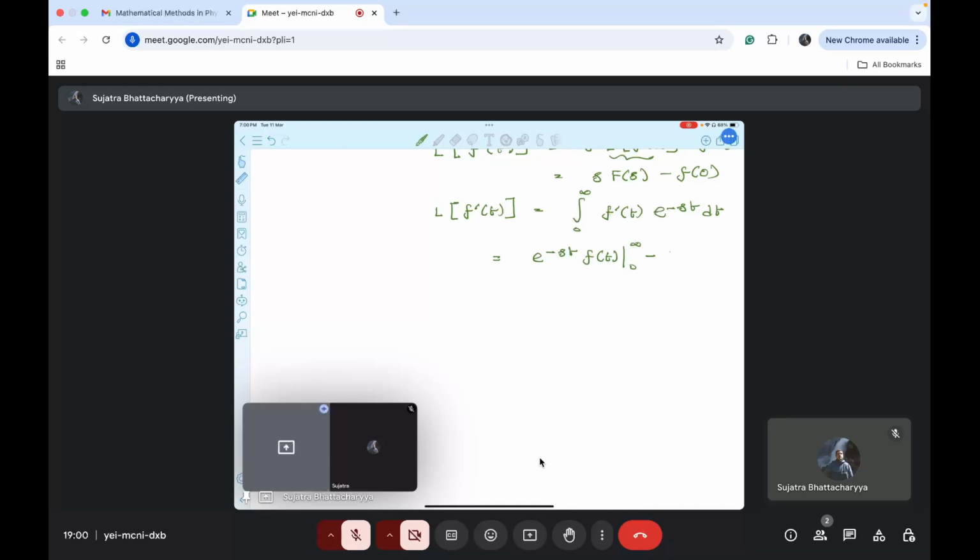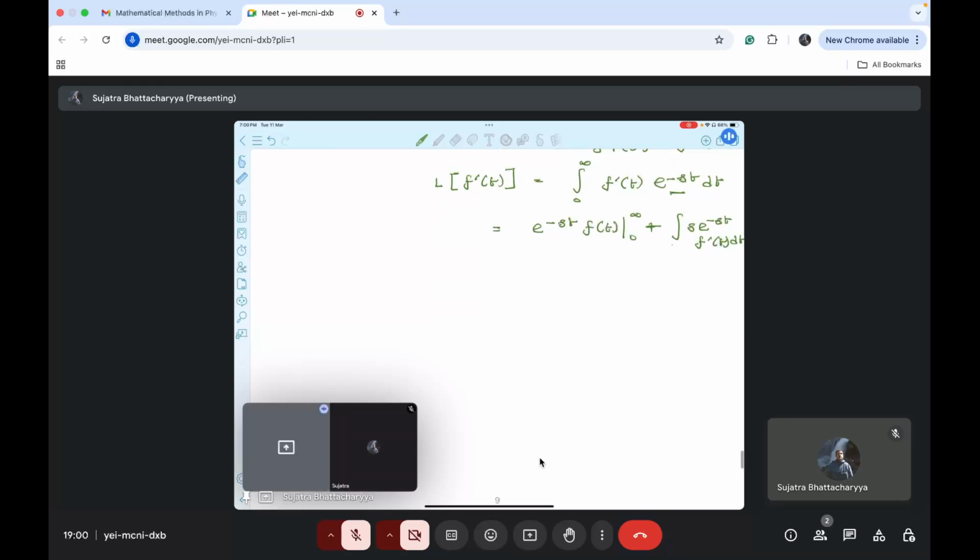Minus, you have the derivative of e to the power minus st, so it becomes plus, okay? And you have an s e to the power minus st and f dash t dt. All right, so this will be the next part.